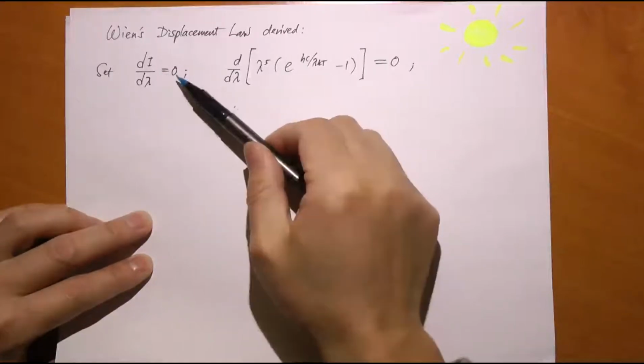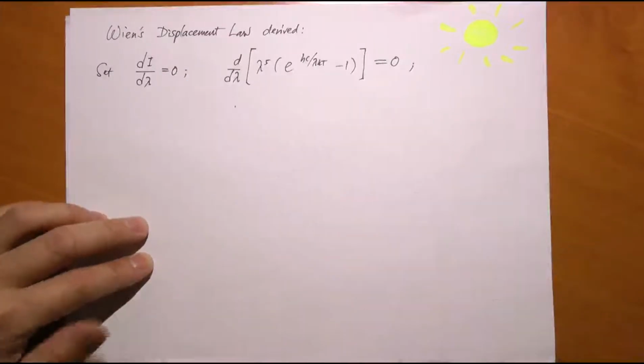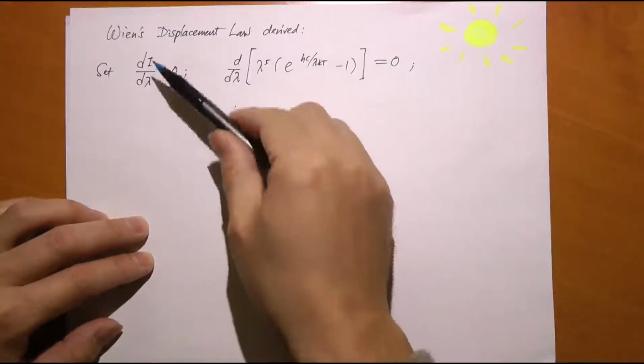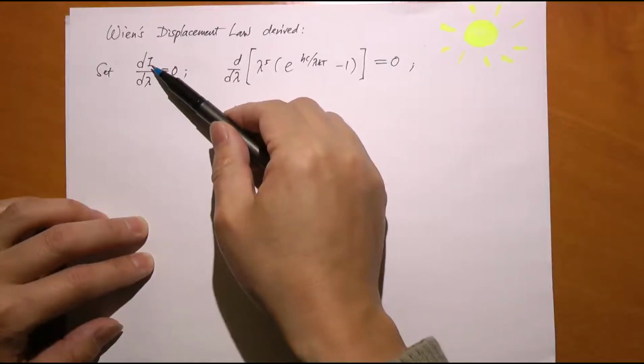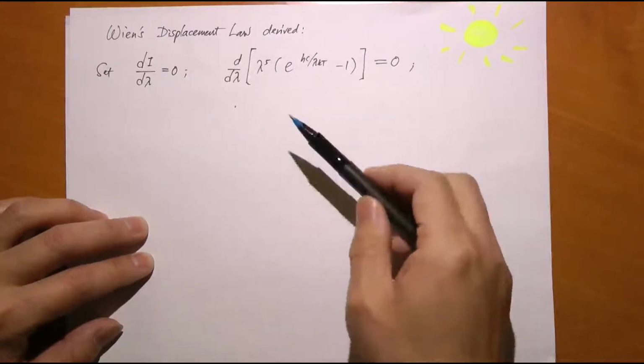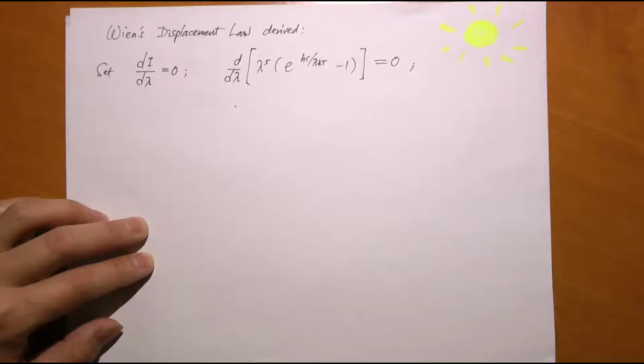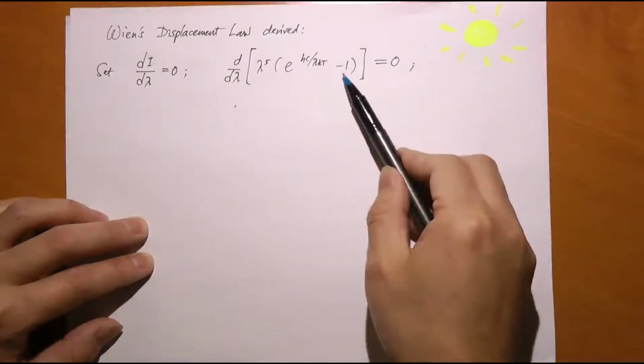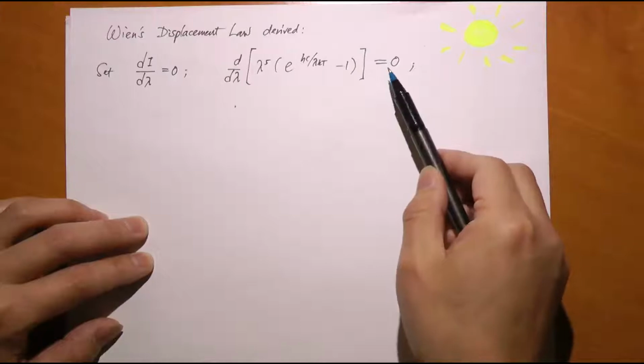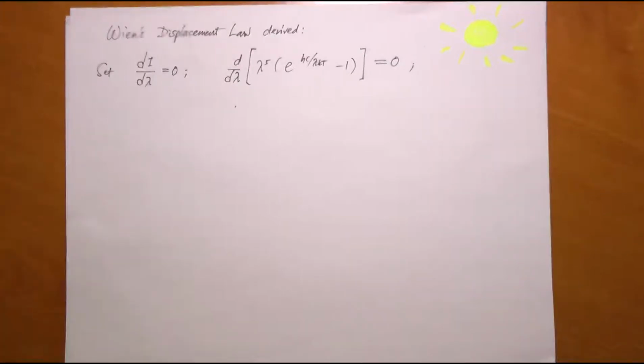This is where dI over d lambda equal to 0. This is how we find the maximum. And then I have to plug in the expression for I, which I derived one page ago. And this is what I have to do then: d lambda of this thing equal to 0. If you did that, you will find, unfortunately, you do not have an easy equation to solve.